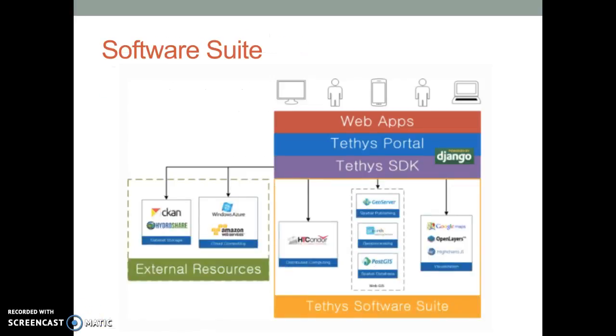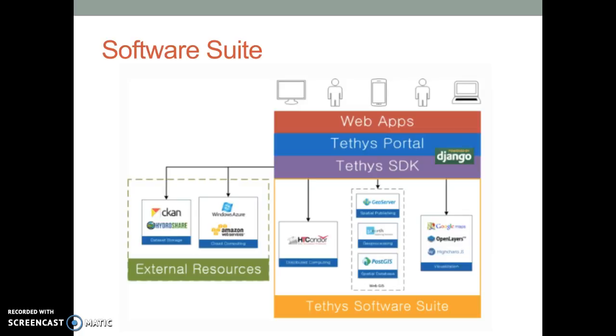Here is a schematic of the Tethys software suite. The Tethys platform provides a suite of free and open source software. Included in this software suite is Postgres, SQL, and PostGIS extension for spatial database storage, GeoServer for spatial data publishing, and 52 North WPS for geoprocessing.